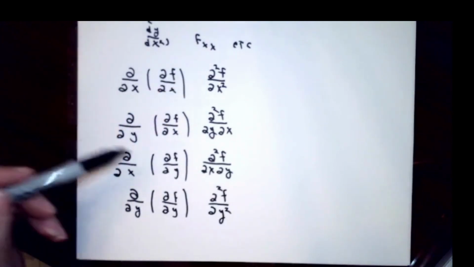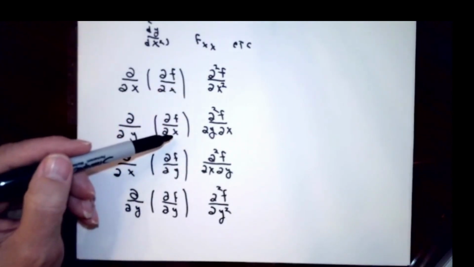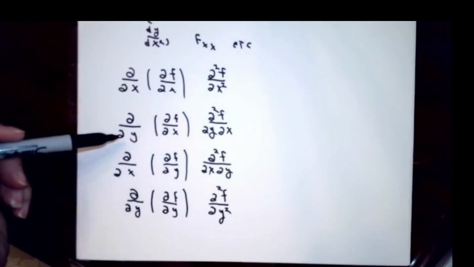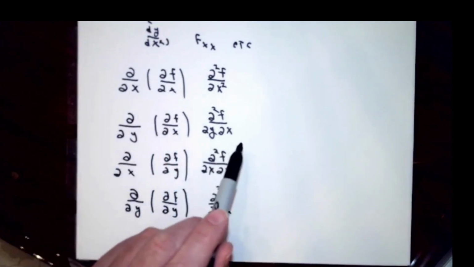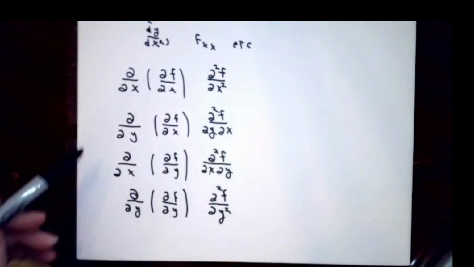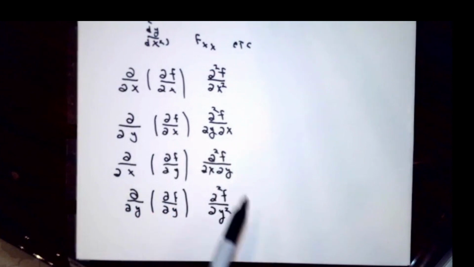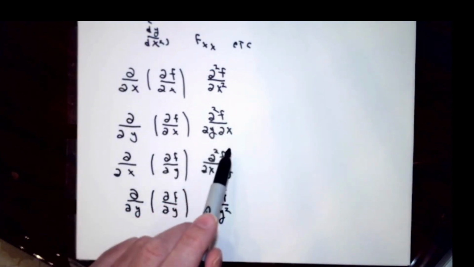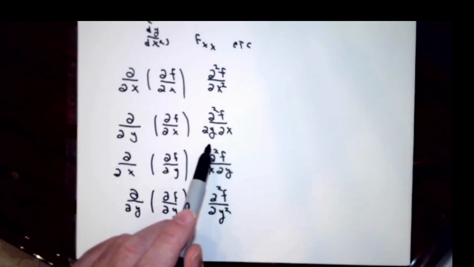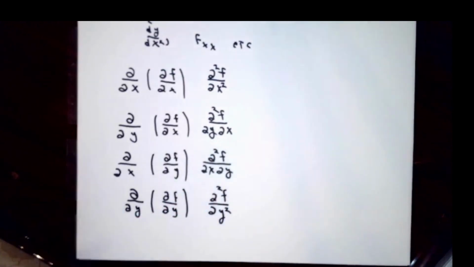In this one, I'm differentiating with respect to x first and then y later, and when I see the symbols, I just write them down again as they appear here. I'd pronounce this as the second partial derivative of f first with respect to x, then with respect to y.